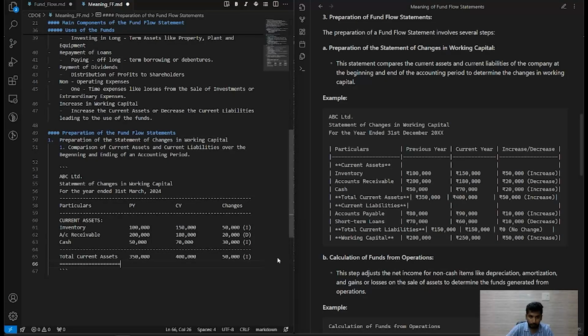Now, let us talk about the liability side, that is current liabilities. Talking about the current liabilities, the first head is accounts payable. After that, we have the short-term loans, and after that, we have the total current liability.